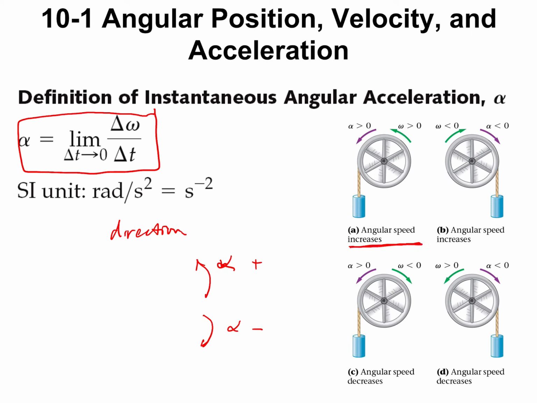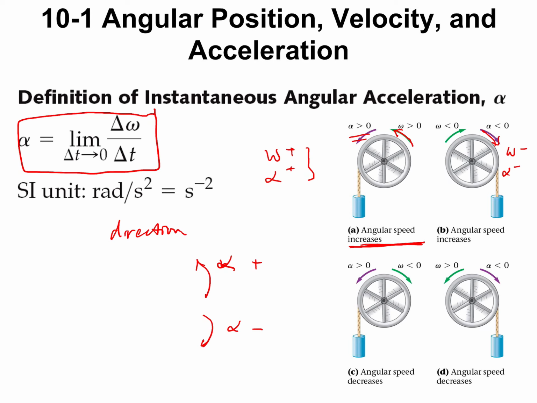Angular speed increases: if you have angular velocity in counterclockwise rotation, so omega is positive, and angular acceleration is also positive, which means you will speed up. You rotate faster and faster. Or if omega is negative and angular acceleration is also negative, still you will rotate faster and faster in the opposite direction.